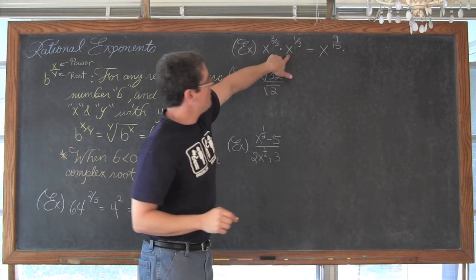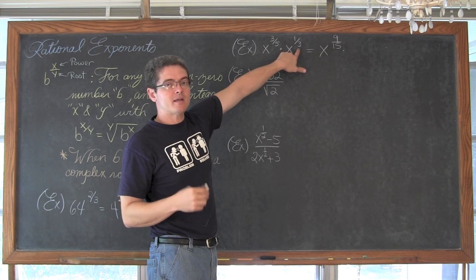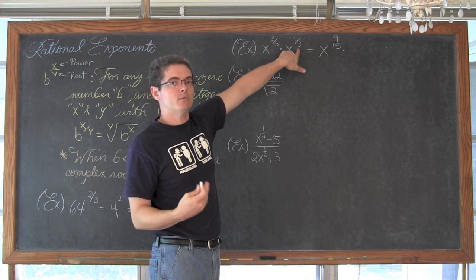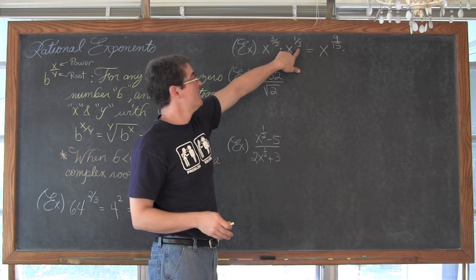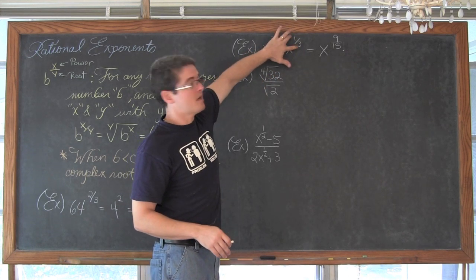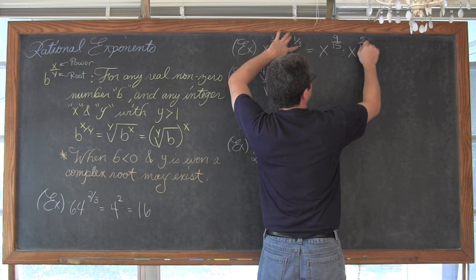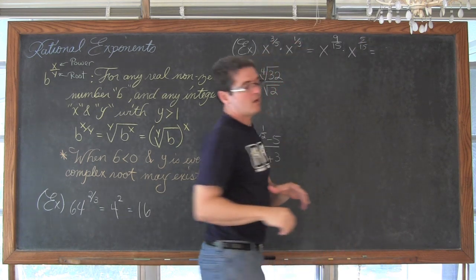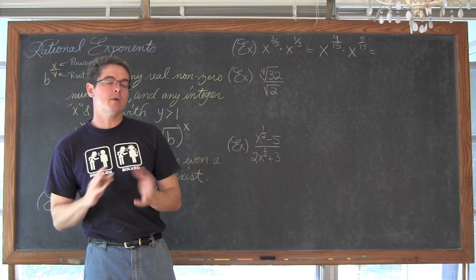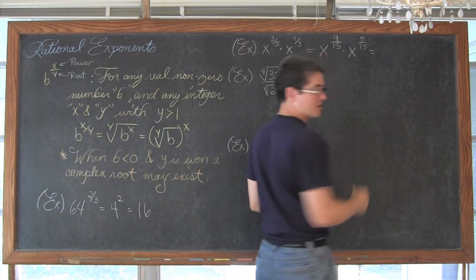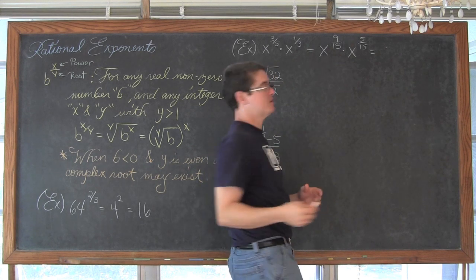Times, now how are we going to get that fraction of 1/3 to have a denominator of 15? How do we turn that 3 into a 15? We got to multiply it by 5. So multiplying both the numerator and denominator by 5, we get x to the 5 over 15th power. And now we have those common denominators, so we can multiply those like bases and add the numerators, or excuse me, the exponents.